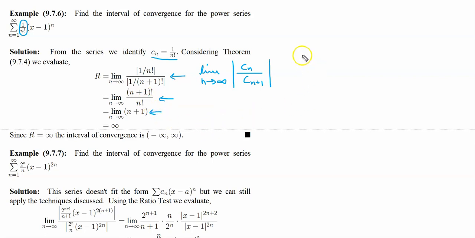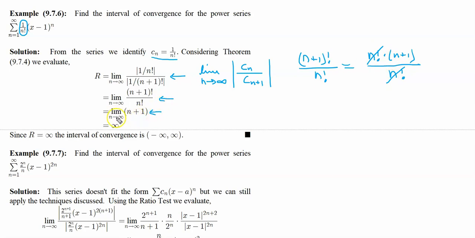Okay, keep in mind once again, you can write n plus 1 factorial like this. It's 1 times 2 times 3 up to times n, so that's n factorial, times the last term, which is n plus 1. You see these n factorials cancel, and you're left with n plus 1.